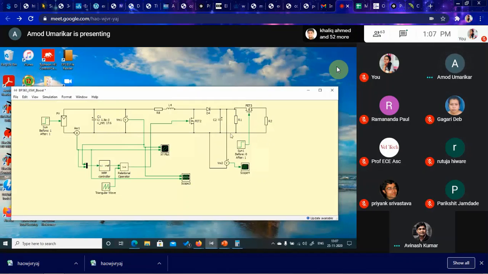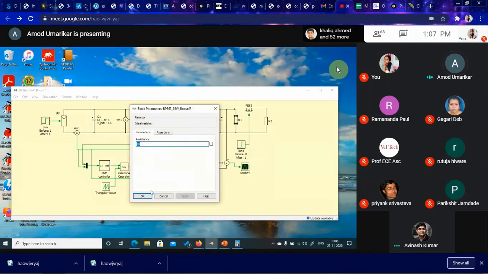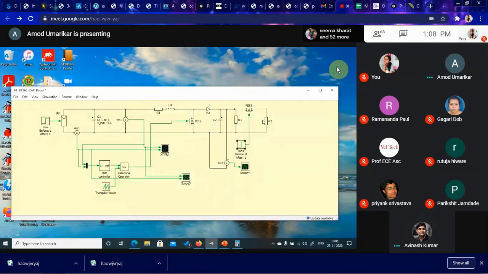So what is happening here is this is 20 ohm. After 2.5 seconds, half the simulation, the parallel load will come across it. This simulation will run for 5 seconds. The total load will be around 10 ohm, so we have to find out what the duty cycle is.